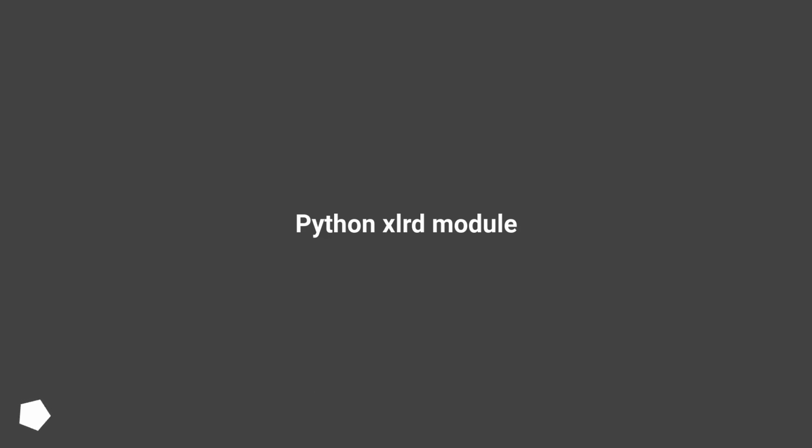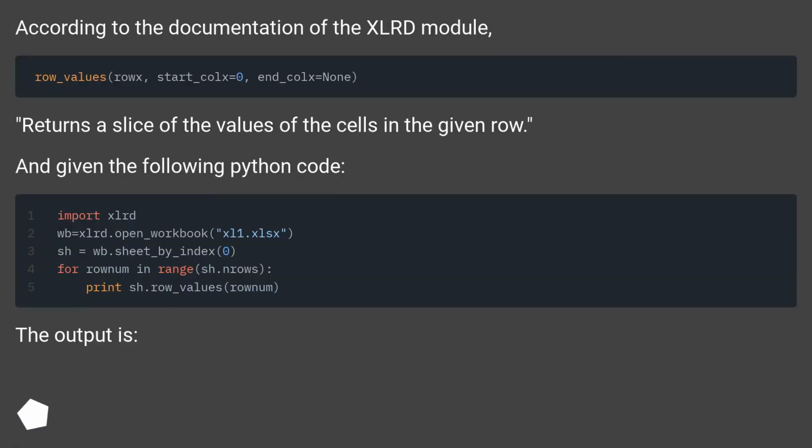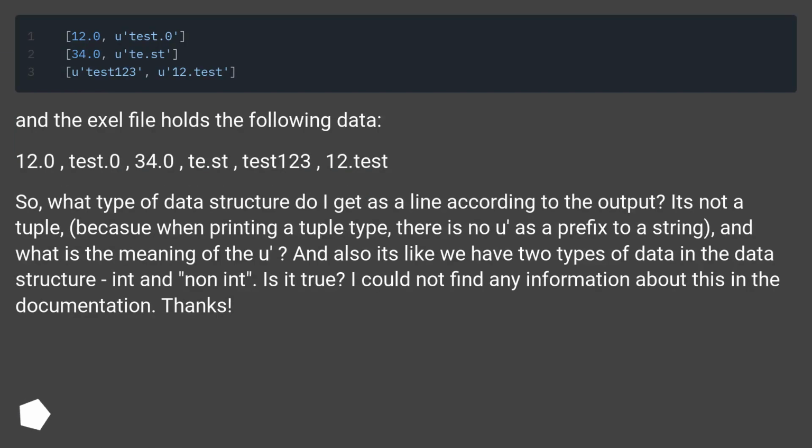Python xlrd module. According to the documentation of the xlrd module, row_values returns a slice of the values of the cells in the given row, and given the following Python code, the output is shown.